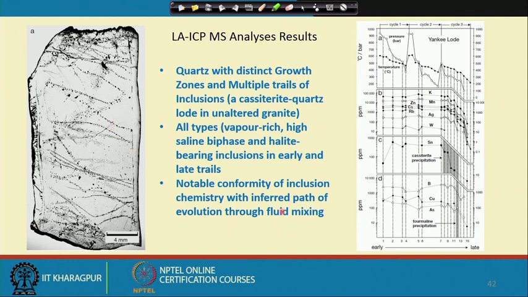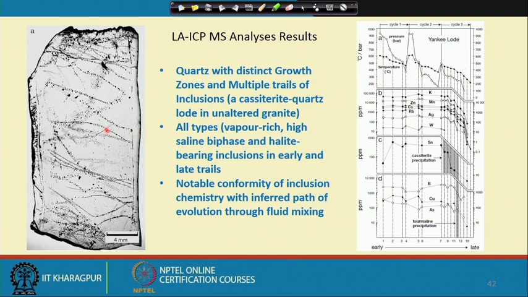Several such generations of trail bound inclusions are supposed to be preserving the fluid characteristics in the complex path of evolution, starting from very high salinity, very high temperature, where the temperature and salinity from the fluid inclusion studies are also shown on the top here, starting from 600 700 degrees Celsius temperature to going down to 200 degrees Celsius temperature in this spectrum.